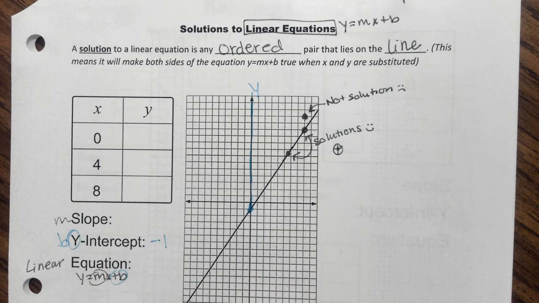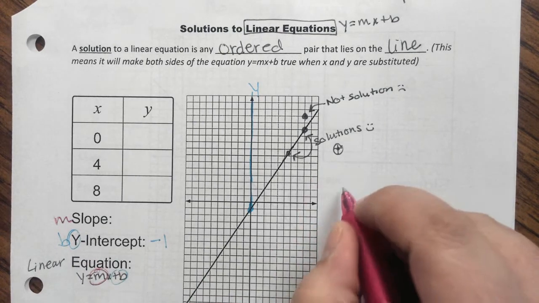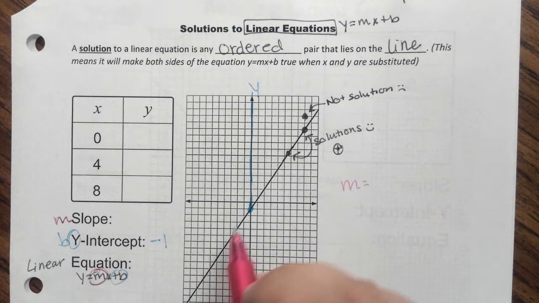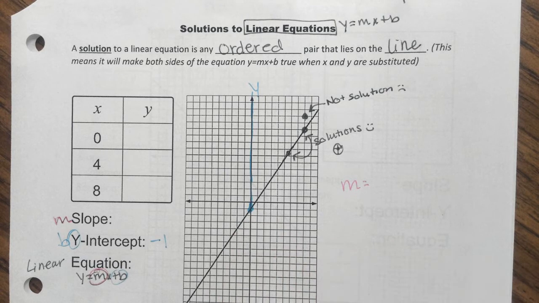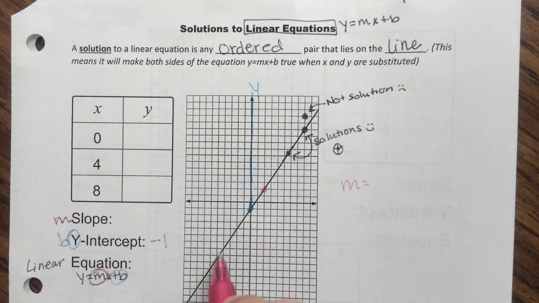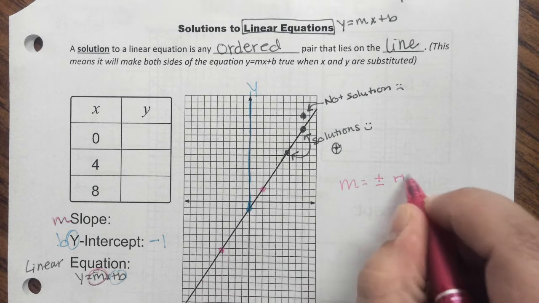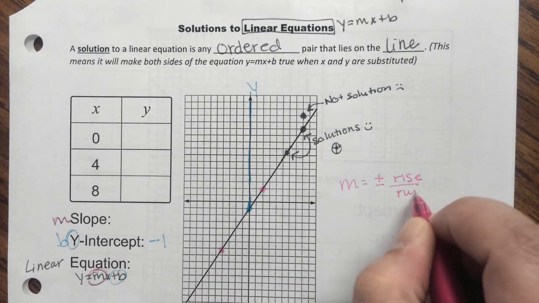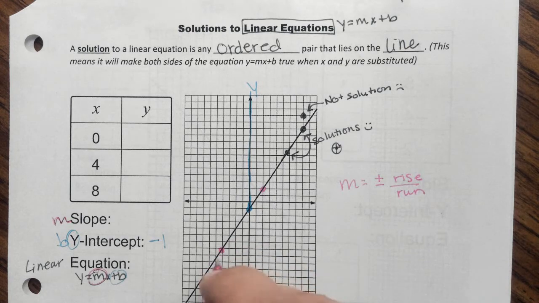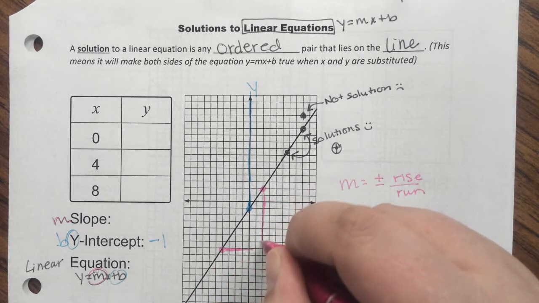To find slope, we need 2 perfect points. So there's one target perfect point. Here's another. There's some down here. There's a ton on the line. We just need any 2. Once we have those 2 perfect points, we're going to use positive or negative rise over run. I'm just going to use this one and this one.